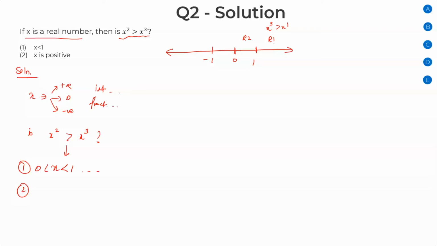Let's look at another case. Obviously in region 3 also, or region 4 for that matter, in these two regions, x square would have a positive value, right? X cube would have a negative value, right? So I can say that they might also be talking about this range.